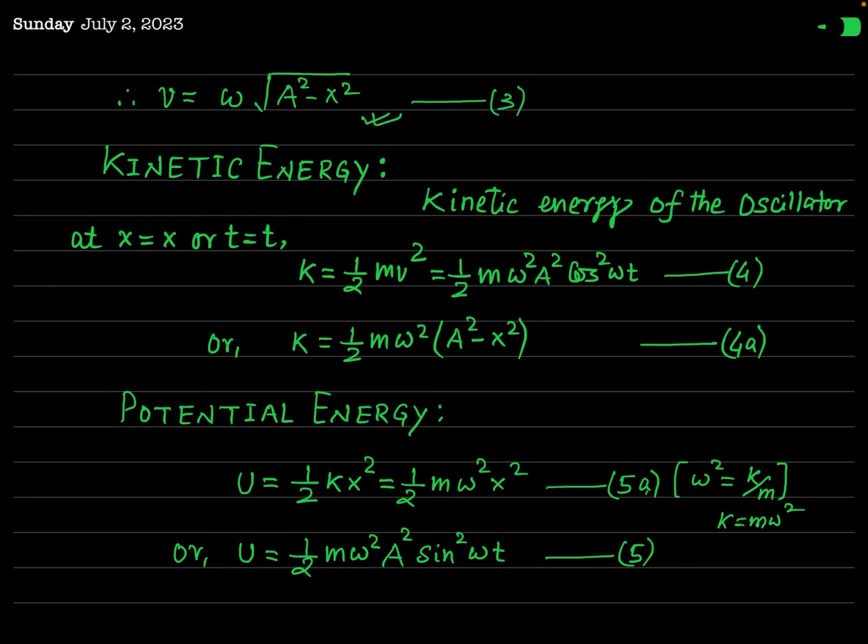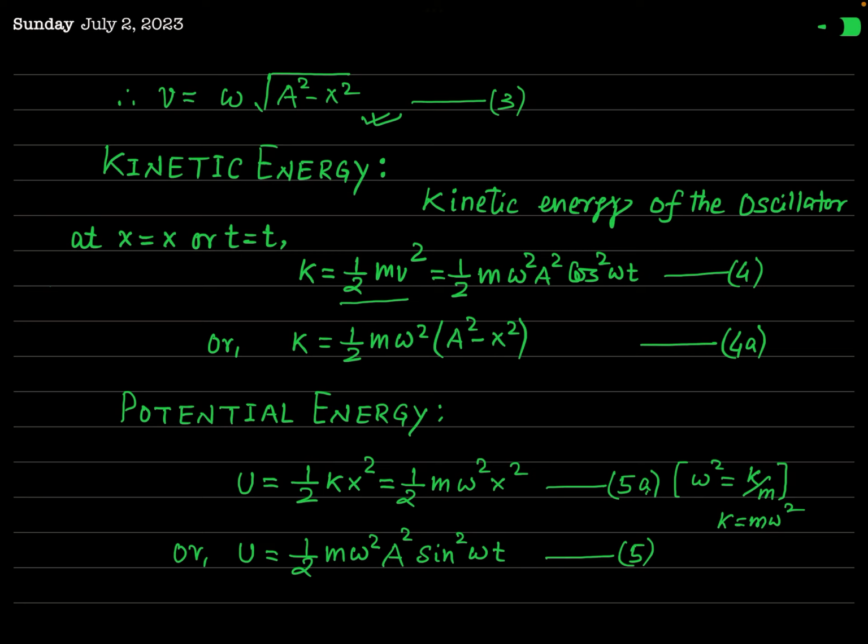Now, as you can see, since our oscillator has mass and it is in motion, it will definitely have kinetic energy. So let us see what the kinetic energy of this oscillator will be at time t or at position x. As you know, kinetic energy is simply given by half m v square.